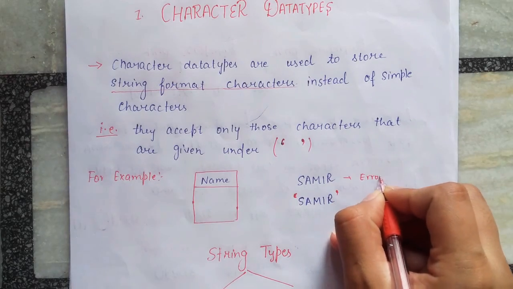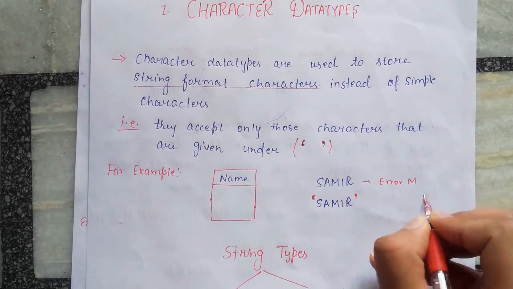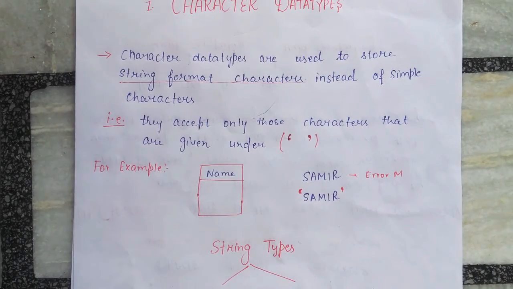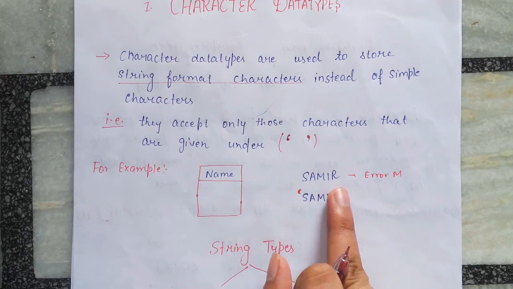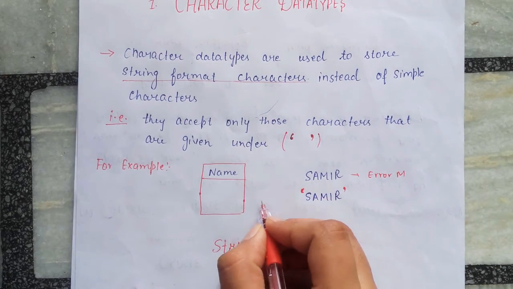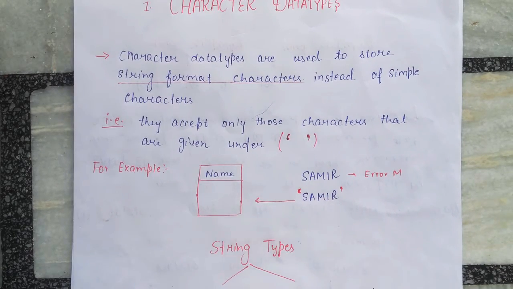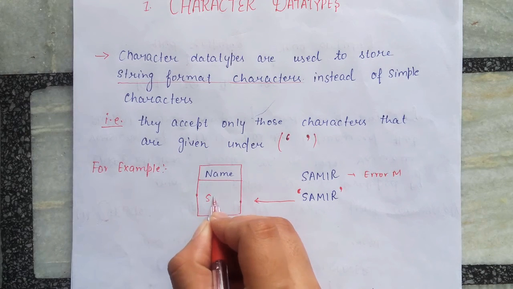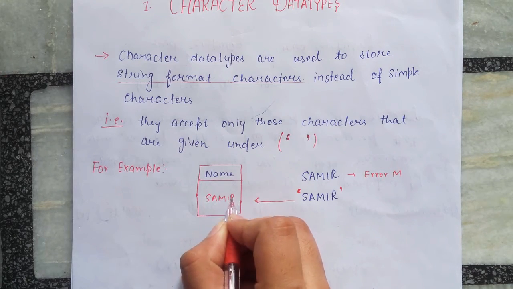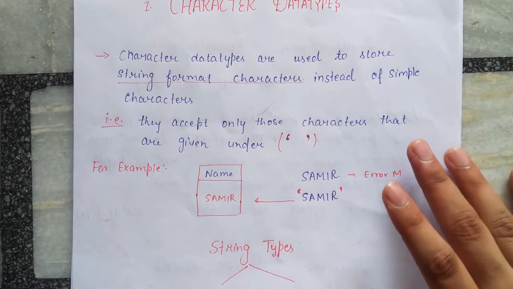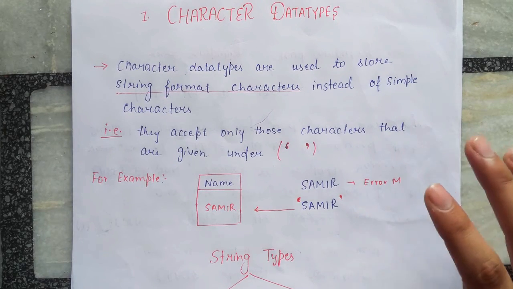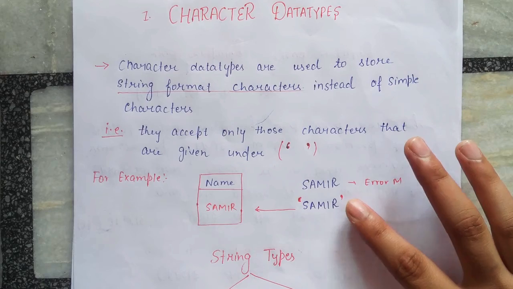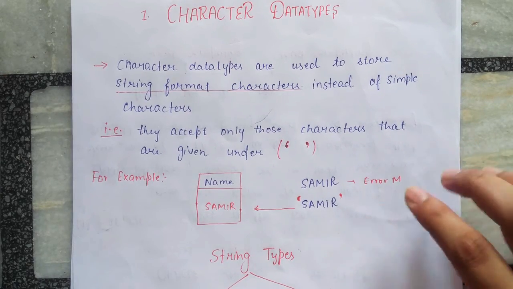But if you enter it within single quotation marks, it will be easily entered in this column, so it will contain the name Samir. So this is the basic logic of the character data type: every character value must be a string format character, given under single quotation marks.